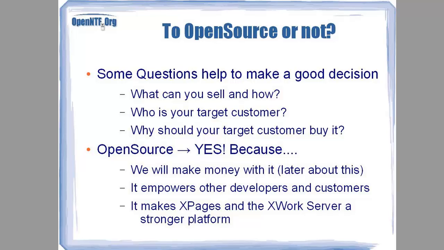And it's also somehow an altruistic approach, because with this we empower other developers in our company, but also developers in other companies. And like this, we make the XPages Domino server a stronger platform. We add to the community, and we do something good for everybody, and that is also a good feeling, I think.